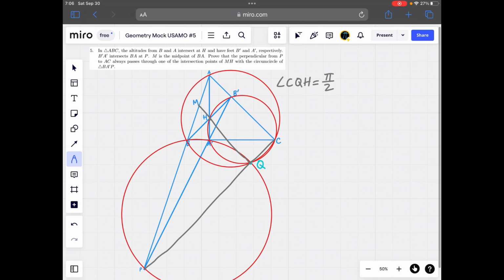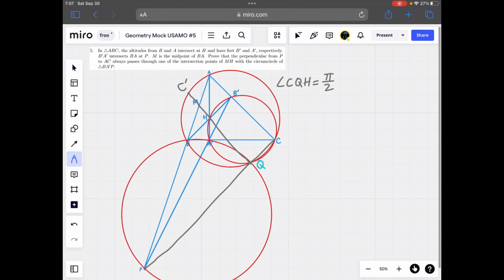But Q also lies on the circumcircle of triangle ABC. So we can extend that line to hit the circumcircle at point C prime, which is opposite C. Now we know that both H and C prime lie on the line, and M is the midpoint of HC prime. C prime is just the reflection of H over M, by the very famous reflecting the orthocenter.